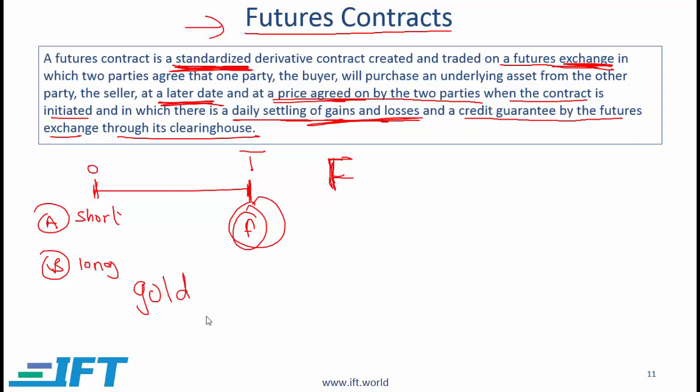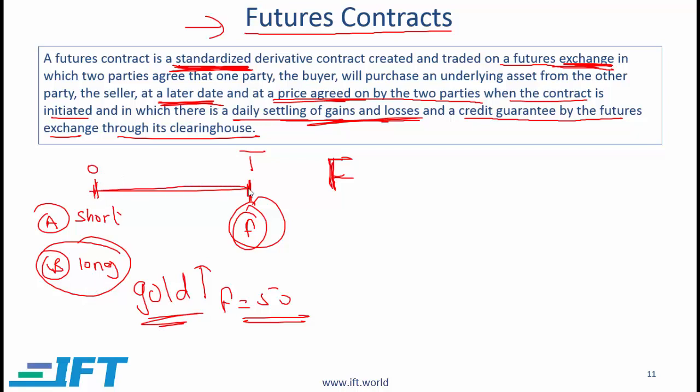If initially the futures price is set at 50 and then the price of gold goes up, who wins? The answer is that the long party benefits. Why? Because the long got into the contract to buy at a certain price. Now the underlying has gone up, so clearly the long benefits.